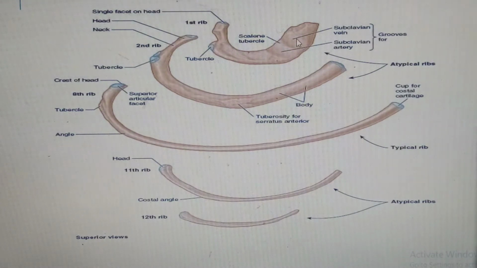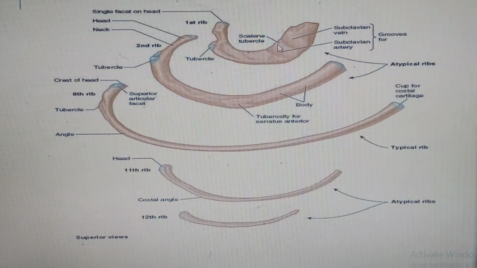And then one other thing too is that it's bearing two grooves. There are two main blood vessels related to the first rib. One is a vein, the subclavian vein. Remember, the subclavian vein will be more anterior than the groove for the subclavian artery, because the subclavian vein is more superficial, so to speak, and the subclavian artery will be a bit deeper.